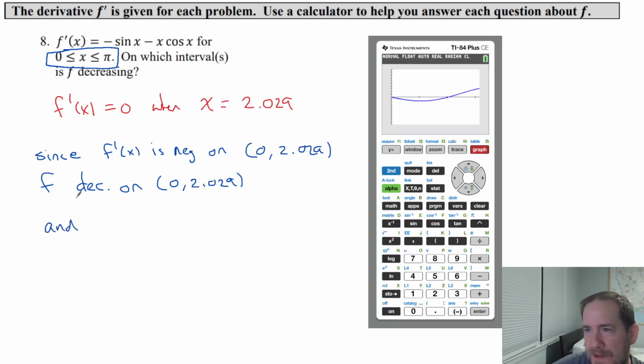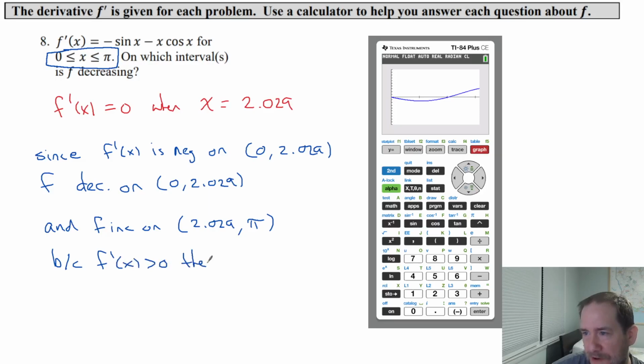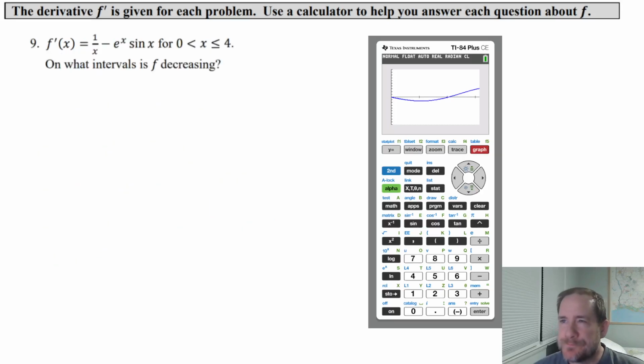And I can say this a little more efficiently. Let's say and f increases on 2.029 to pi because f prime is positive there. So there's our 2. We've got that thing nailed down. So that's 8. Let's do 9.